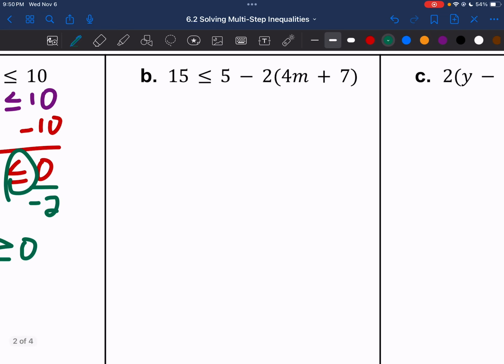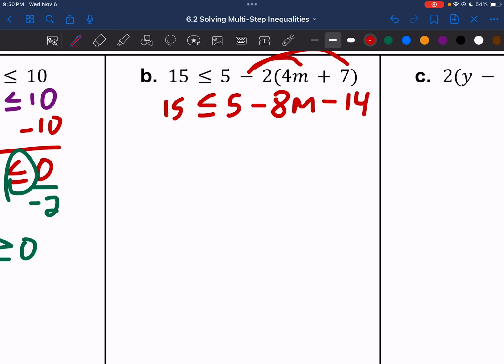Now, example B. We're going to start off with distributive property. So negative 2 is being distributed. So we have 15 is going to be less than or equal to 5 minus 8m minus 14.